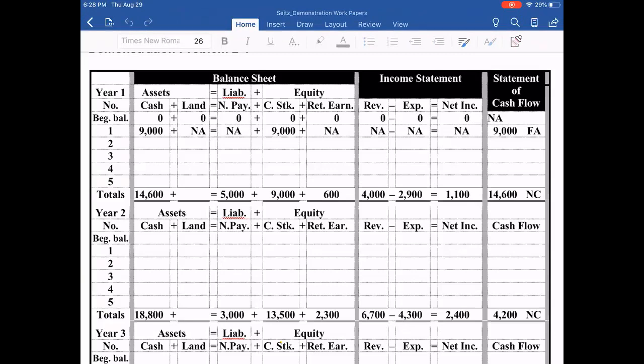So, Computer Services Company, for year one, the very first transaction is that they issued $9,000 common stock, and it was what started CSC, the company. We can see here it's already written out for us, $9,000.